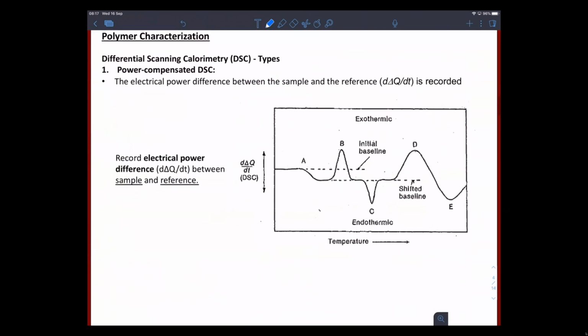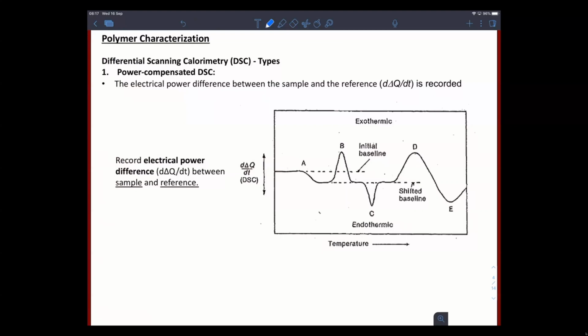So in the power compensated DSC, the electrical power difference between the sample and the reference, given by the change in Q over the change in time or temperature, you can do that two different ways, is measured between the sample and the reference. And this is what a thermogram looks like for this.